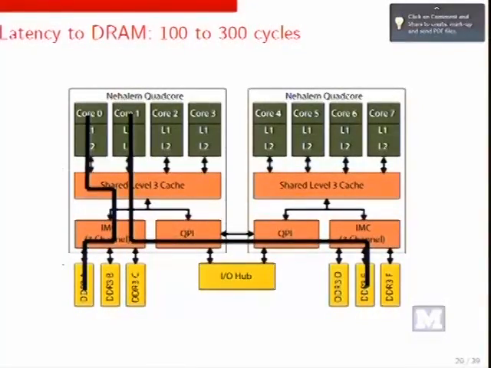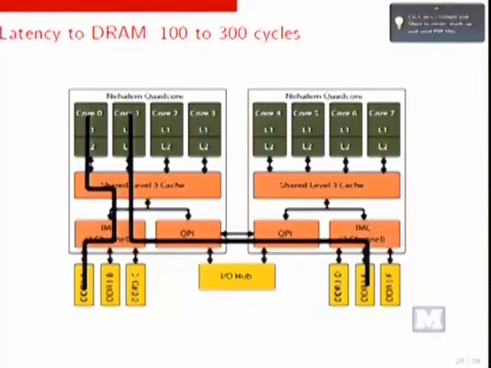But the latency is much, much larger than it takes for typical operations that just involve registers. So it's about 100 cycles if the data is coming from near memory. Now, memory can be either near the processing core or far away from the processing core, as shown in this picture. So if it's coming from nearby, it would be 100 cycles. And if it's coming from far away, it would be around 300 cycles.